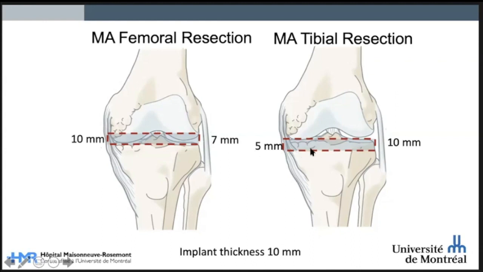On the tibial side, if we use a stylus on the intact side on the varus knee, in lateral, we resect 10 millimeter laterally and a bit less medially, often 5 to 7 millimeter. So for an implant thickness of 10 millimeter, we would like to create gaps medially and laterally of 20 millimeter.